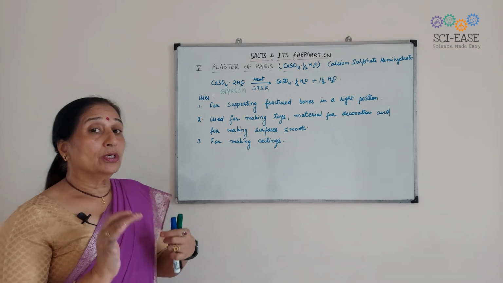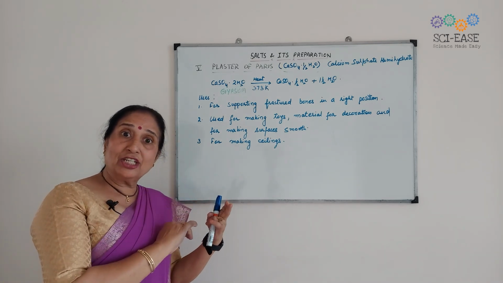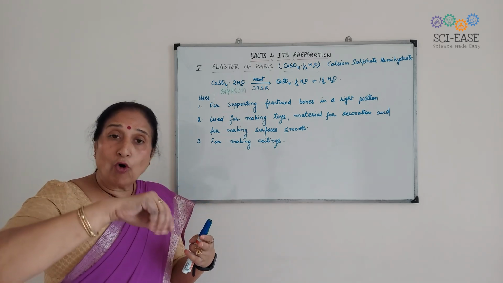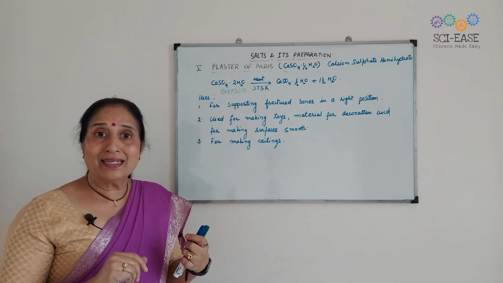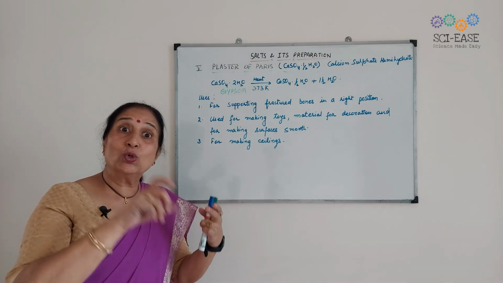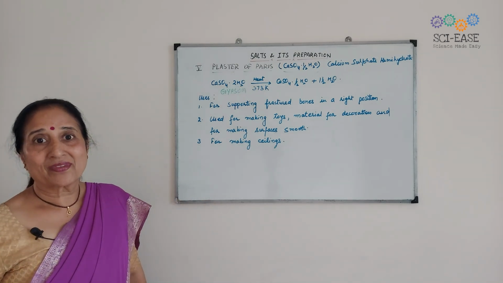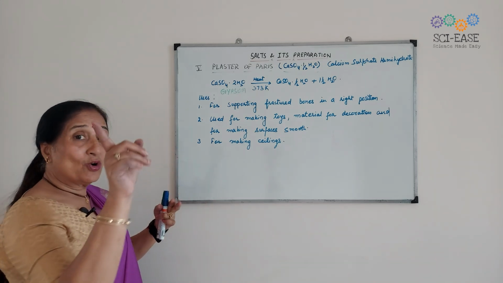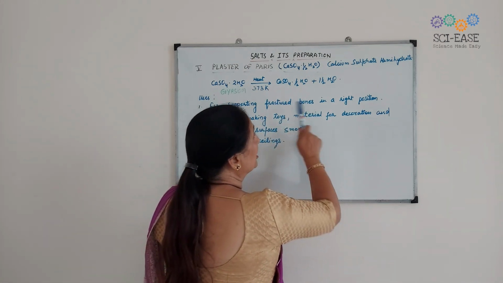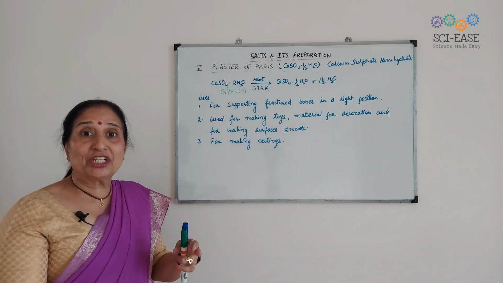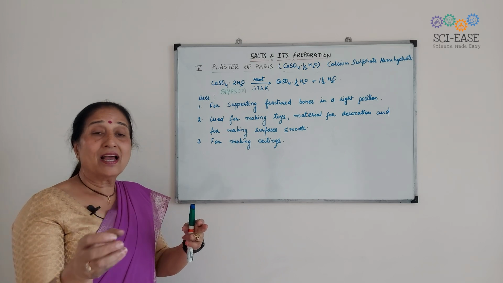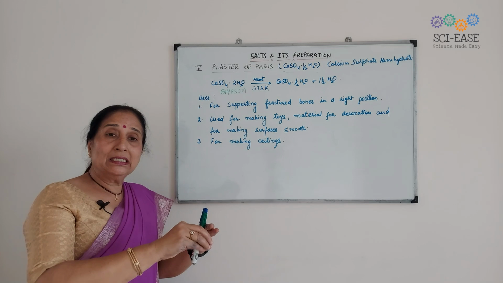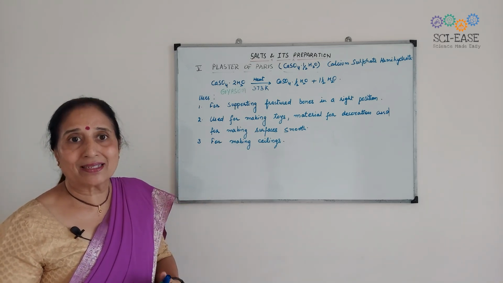One thing, this reverse reaction can also take place, that when we add water to plaster of Paris, it is converted into hard mass gypsum. Why am I telling you that the reverse reaction also takes place? Because for supporting fractured bones in the right position, which is a use of plaster of Paris, doctors have to mix water with this plaster of Paris.